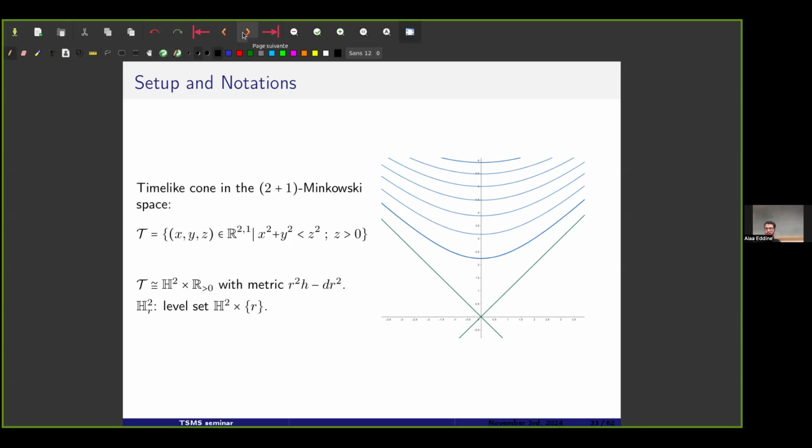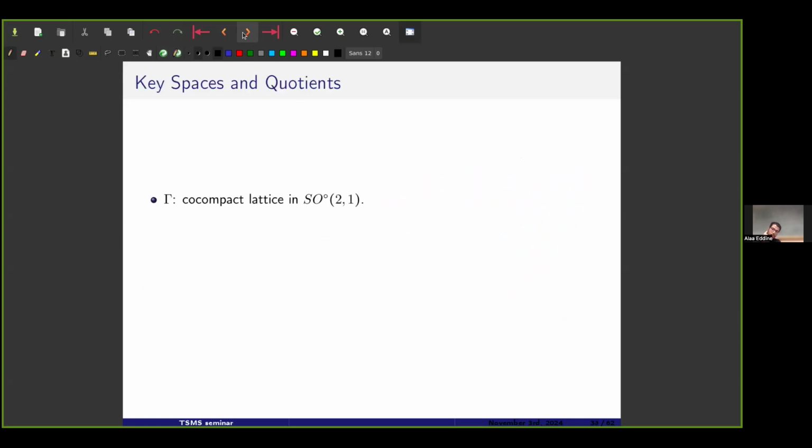So let's take gamma to be a cocompact lattice. If we take the quotient with this cocompact lattice, the quotient will be of the form S times R, because gamma acts on each level. Of course, the hyperbolic level, H2, will give us a compact hyperbolic surface, closed, without boundary.